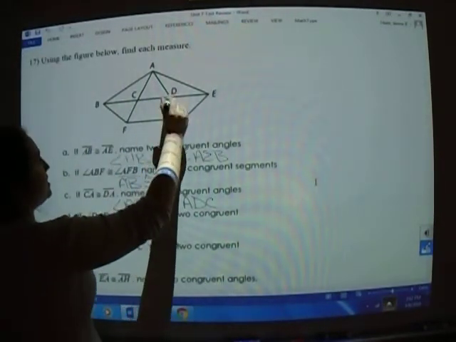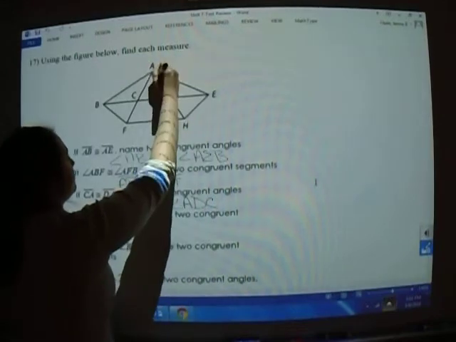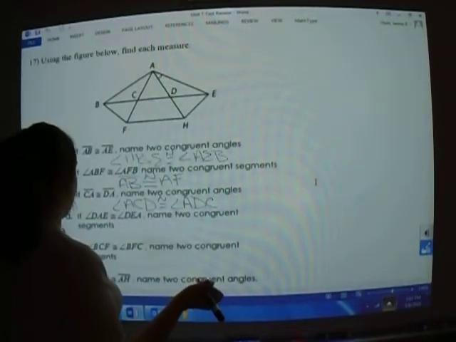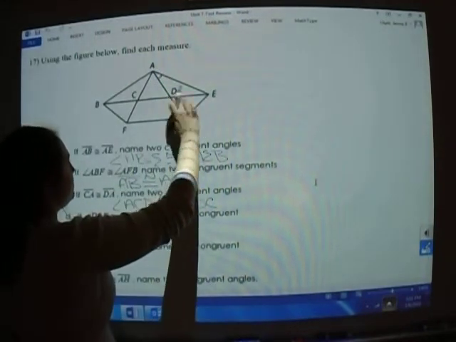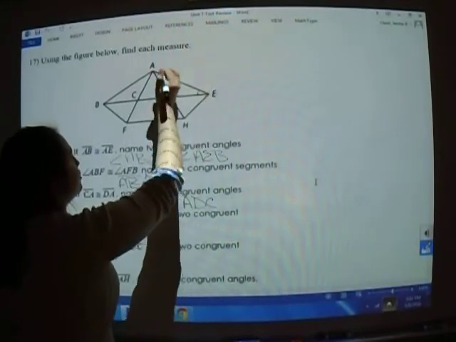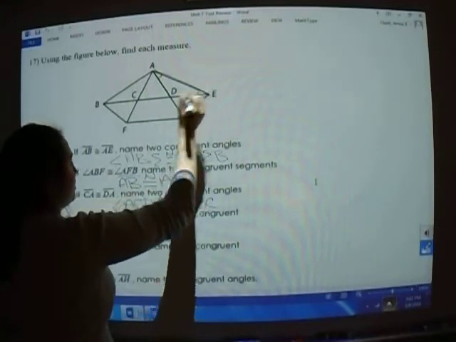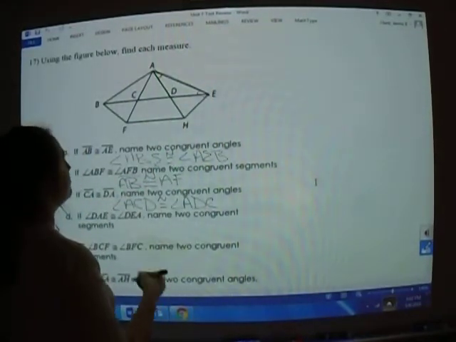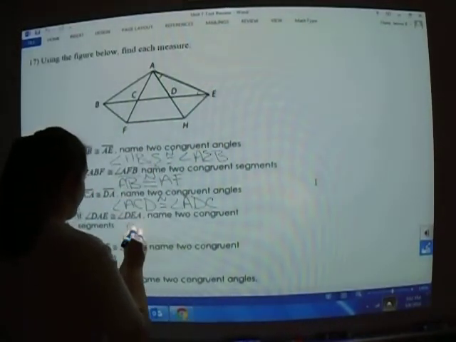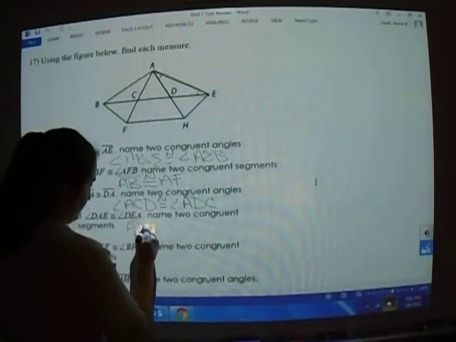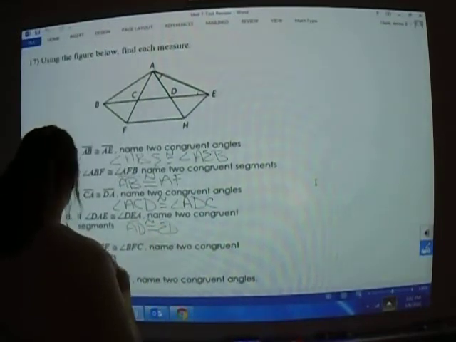If angle DAE is congruent to angle DEA, so that gives us this triangle. Name two congruent segments, AD and ED, right? AD is congruent to ED.